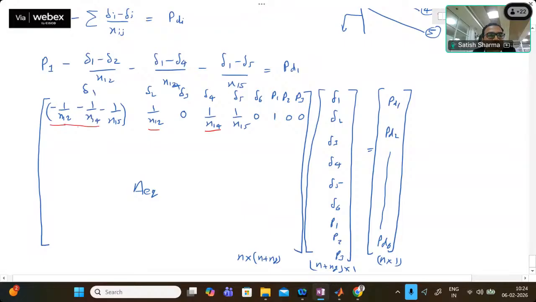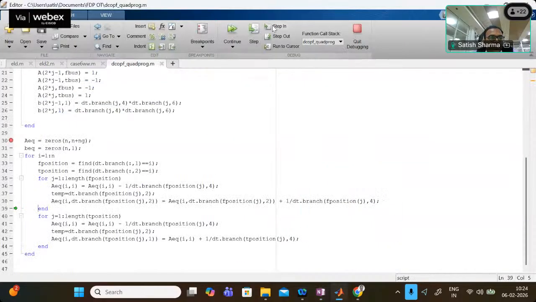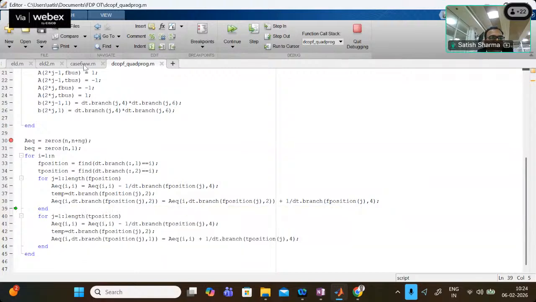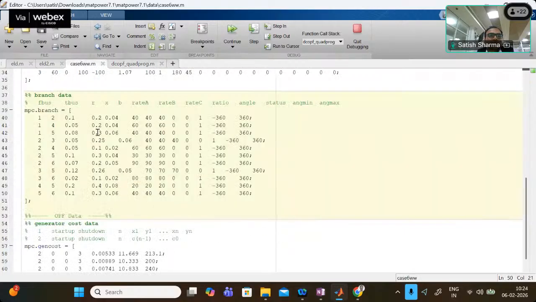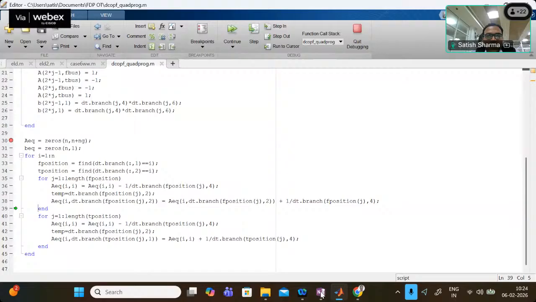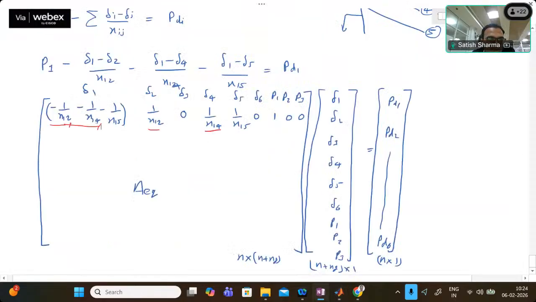Now the third position: step in and check. It is 3.33 because I think the reactance is 0.3. So 3.33 has been added to AEQ, and it is quite visible here: minus 13.33, 5, 5 and 3.33. So we were able to place this as well as this part.